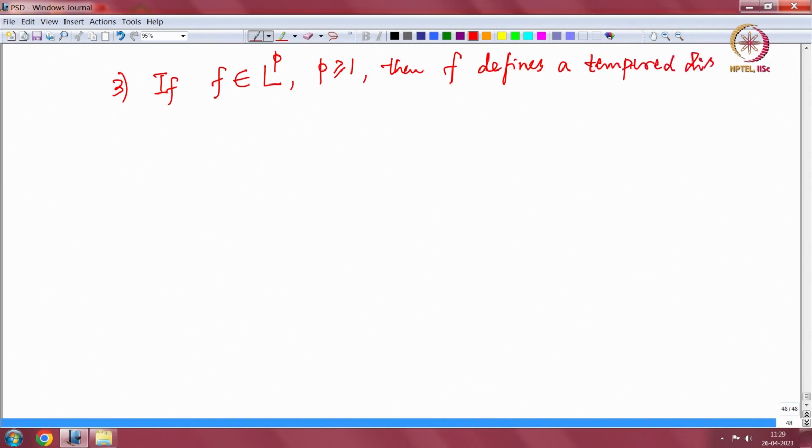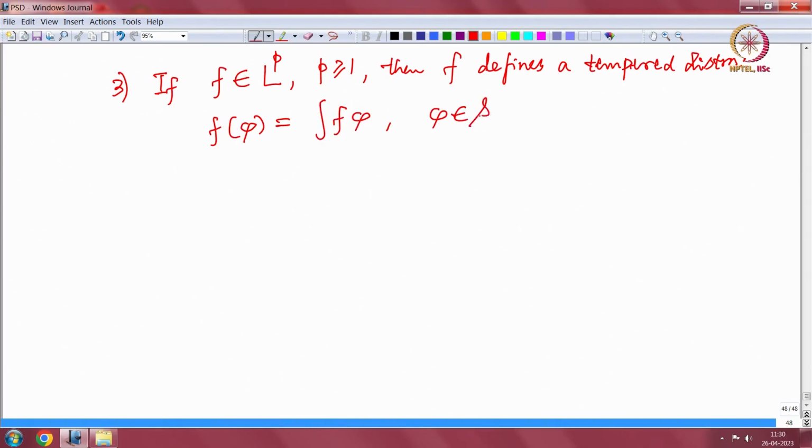Again via the integral. Okay. So, let me not write Tf, because we identify f with Tf. So, again I just define f of phi, this is just the integral of f phi, with phi in S.